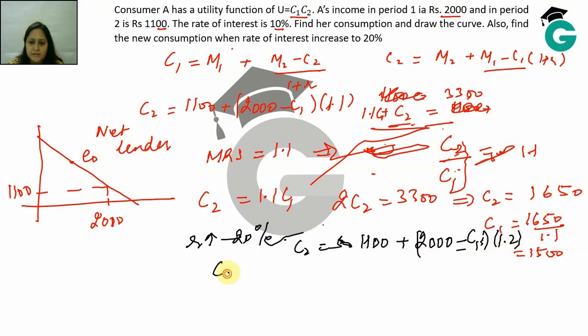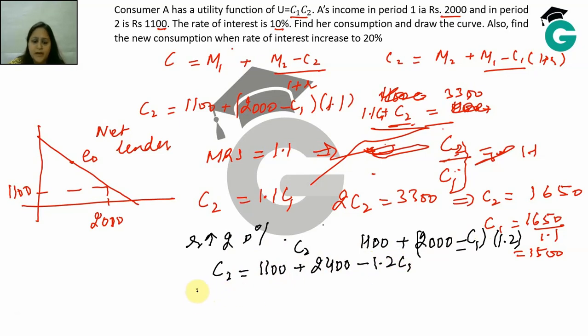So C2 is equal to M2, which is 1100, plus 2000 into 1.2 is 2400 minus 1.2 C1. So my equation becomes 1.2 C1 plus C2 is equal to 3500.